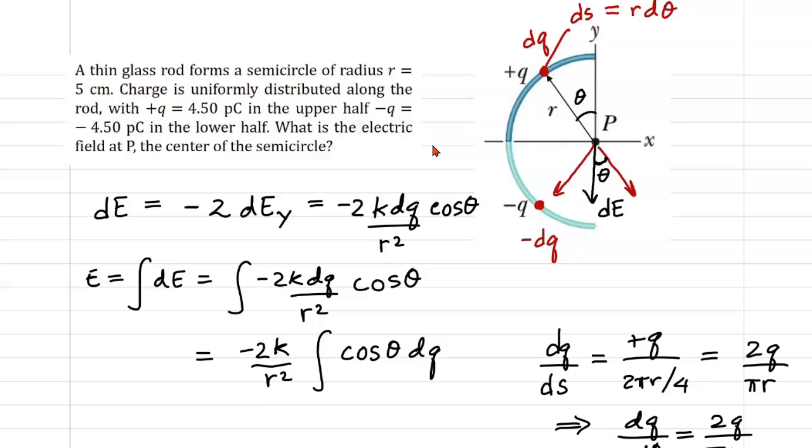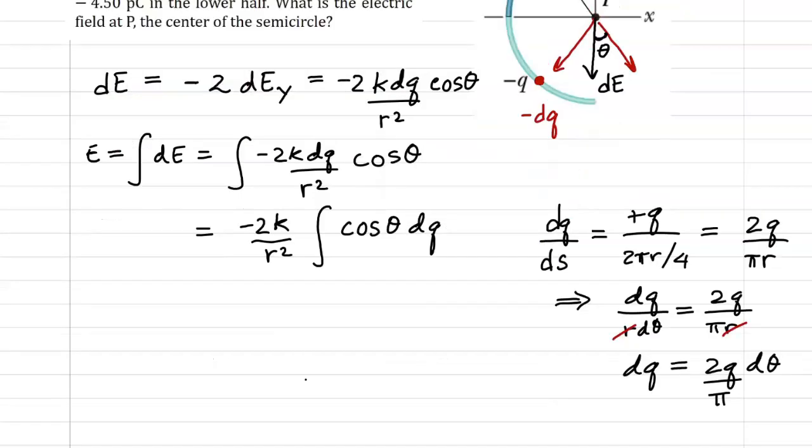The r's will cancel, and you'll then have an expression for dq: dq equals 2q times d theta over pi.